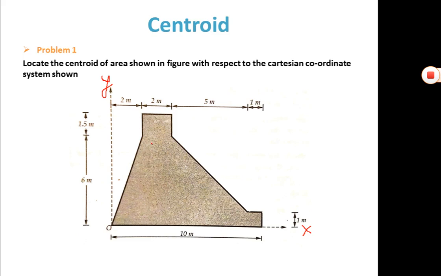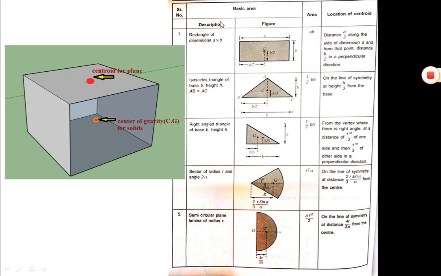So before that I will show you some standard formulas for simple geometrical figures, simple geometrical planes. If you take the rectangle, it has a width of A and a height of B. So the area of the rectangle becomes A into B. Similarly, we are skipping the isosceles triangle because for this case it doesn't apply.